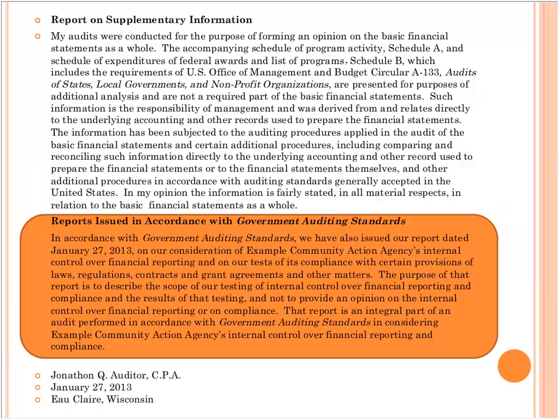The final paragraph is a reference to the reports issued in accordance with government auditing standards. So this is referring to the report on internal control and compliance. Internal control and compliance opinions are not received on a regular financial statement audit, but they are a required component of a single audit, and this provides the additional information on what roles and responsibilities the auditor takes on that.